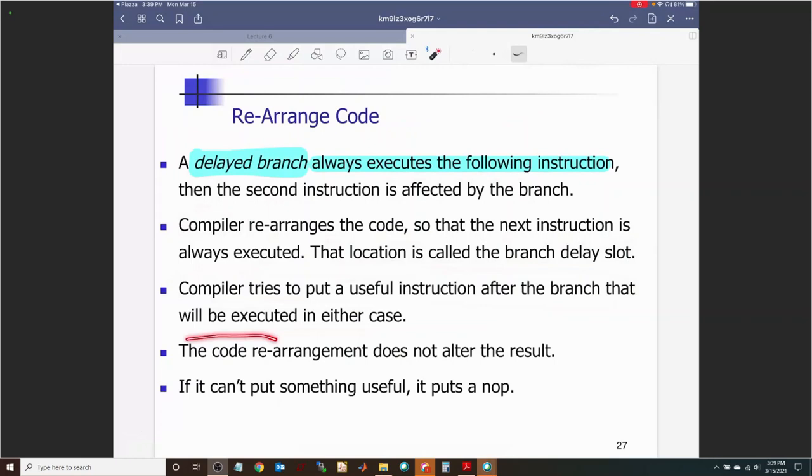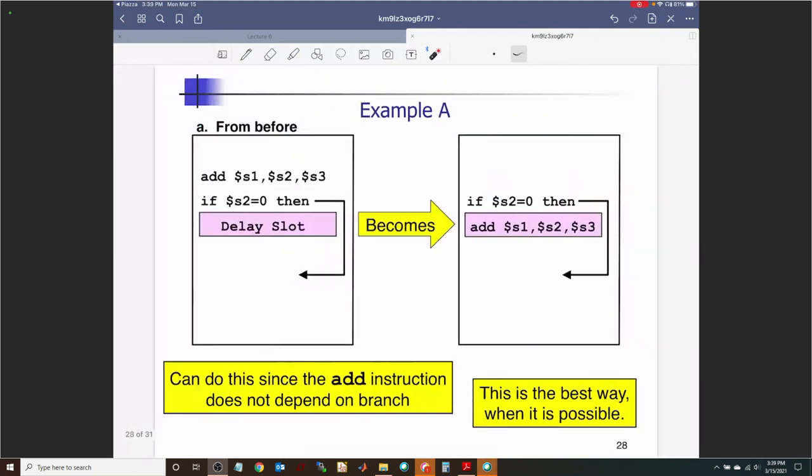Now the code rearrangement does not alter the result, right? I cannot rearrange the code to alter the result of my program. I have to stay consistent with that. And if I cannot put something useful in there, I can put a nop instruction in there. So let's take a look at some examples. I have 3 examples here where I am putting something useful in the delay slot.